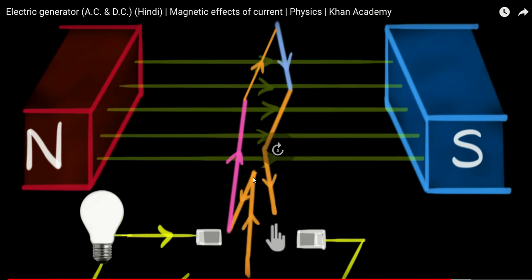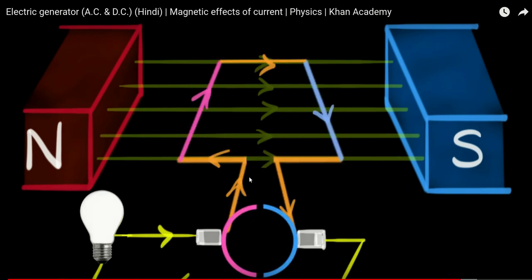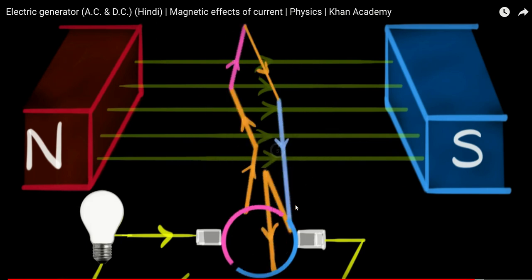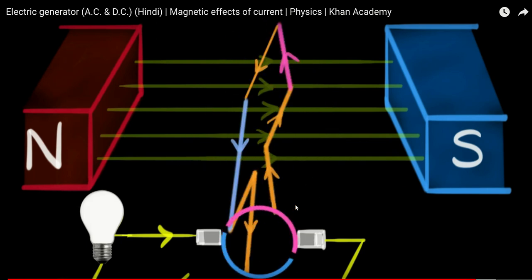So what we'll use is these split rings. Because of the split in between, it will let us do what we want, that is, this carbon brush should always be negative, so that the direction of the current stays the same. Because of the hole in between, they are called split rings.